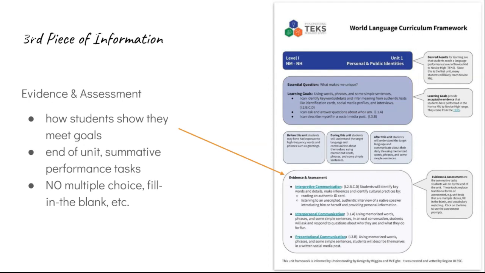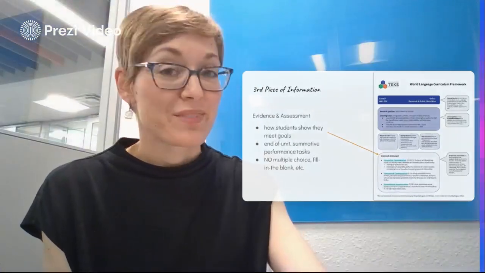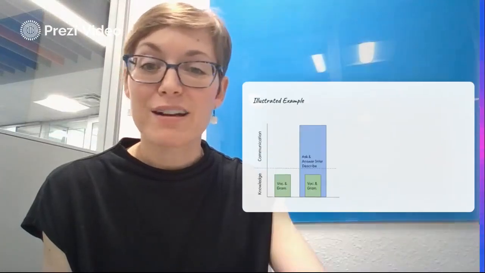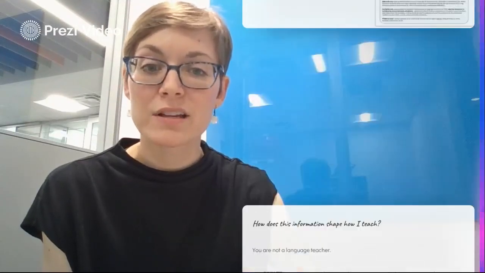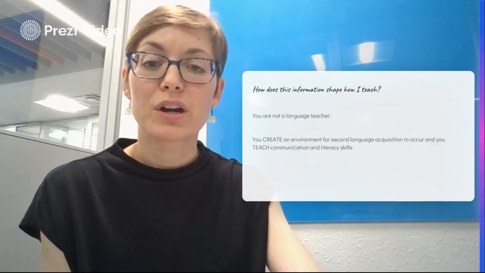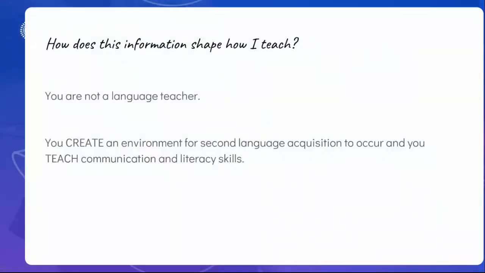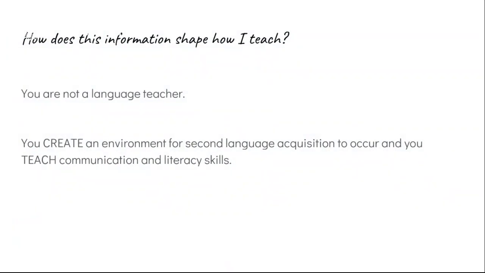And make meaning or understanding of that. Okay, so we see here that we are not just teaching language parts, we're teaching kids to communicate, and we are teaching those literacy skills.